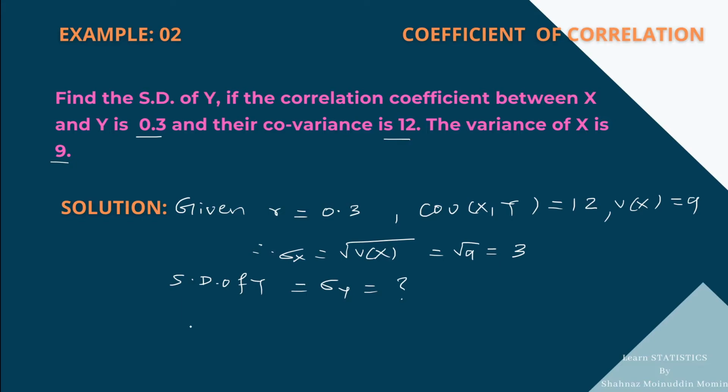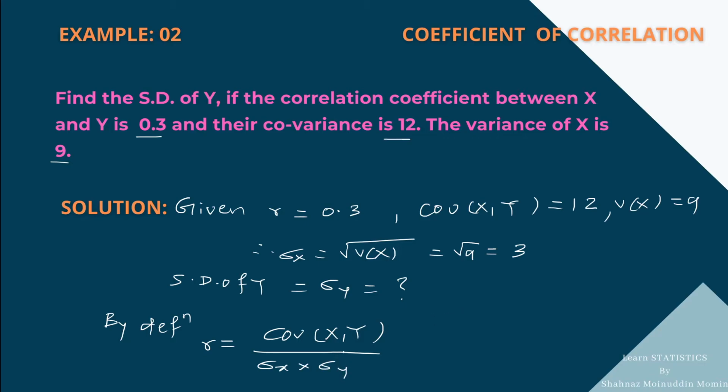Now we will use the formula for correlation. By definition, r is equal to covariance between x and y divided by standard deviation of x multiplied by standard deviation of y.